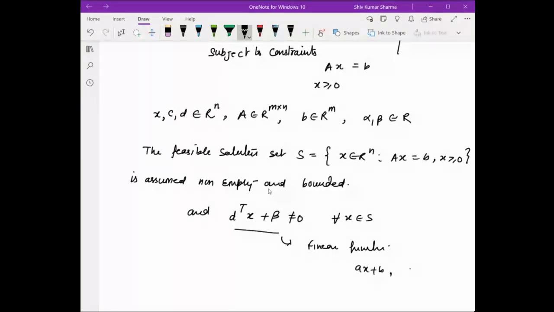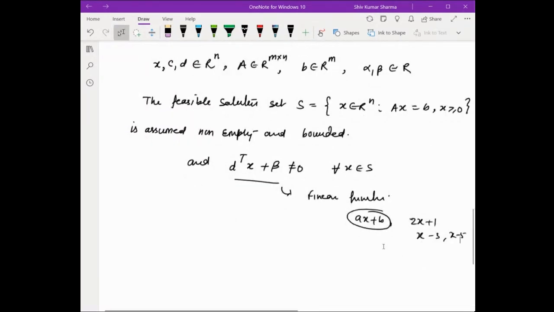In general form, it may be 2x plus 1, x minus 3, x minus 5, x plus 5, etc. Because we are considering linear form.